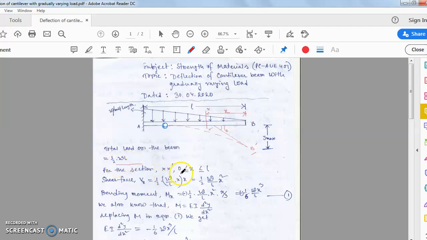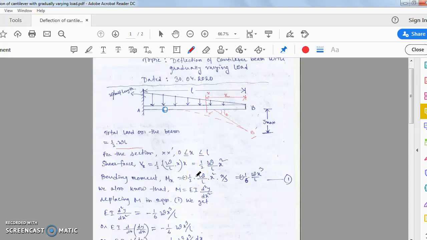For the section x dash, where x lies between 0 and L, the shear force is calculated. Shear force is half into base into height. The base is x. What will be the height?